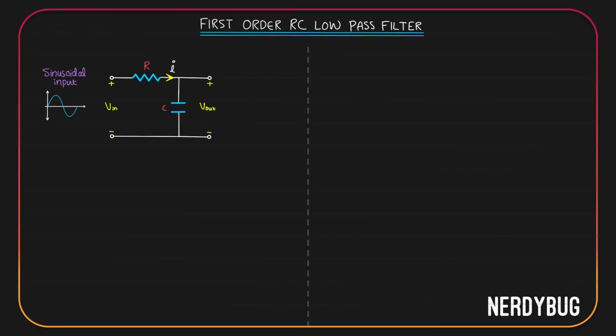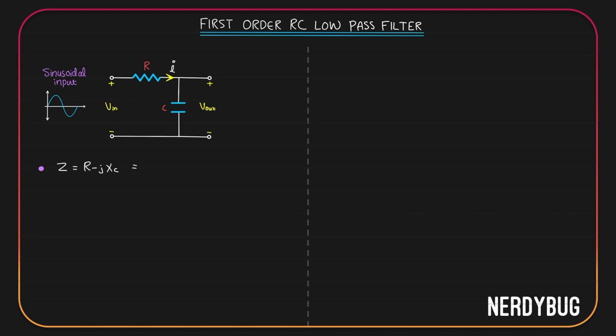I will take a low pass filter and give a sinusoidal input to it. Again, let us start with the impedance of the circuit. Here also we have a resistor and a capacitor in series. So we can write impedance Z is R minus JXC.